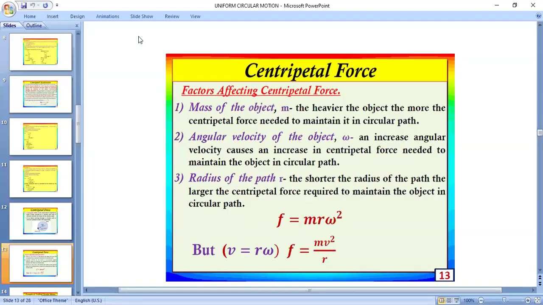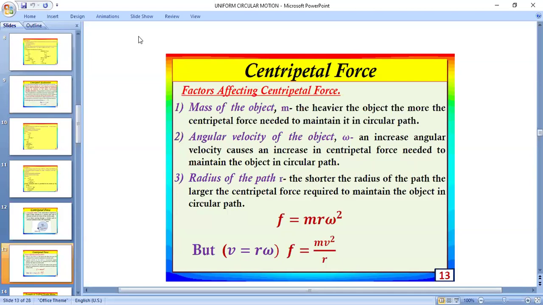And we've been told that the heavier the object, the more centripetal force it needs to maintain it in that particular circular path.